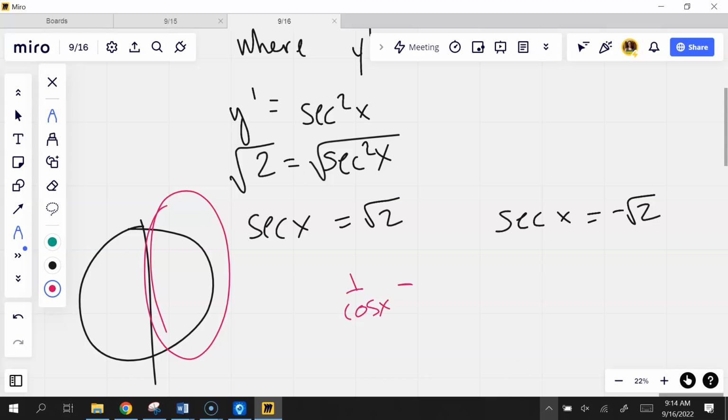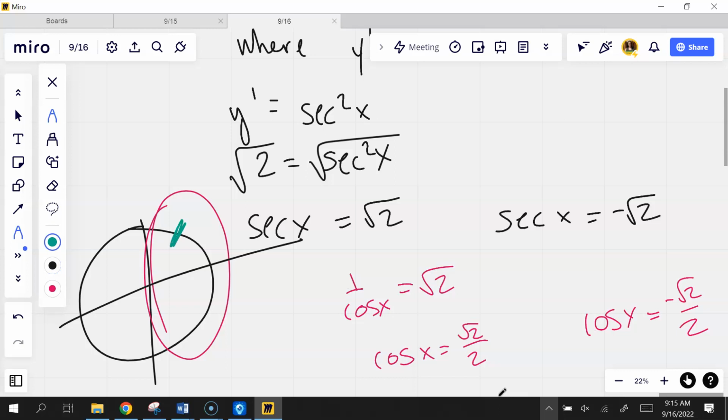So where is 1 over cosine x the square root of 2? Which means where is cosine x square root of 2 over 2, if I flip both sides. So I'm essentially looking for where cosine x is square root of 2 over 2 or negative square root of 2 over 2. And where does that happen?